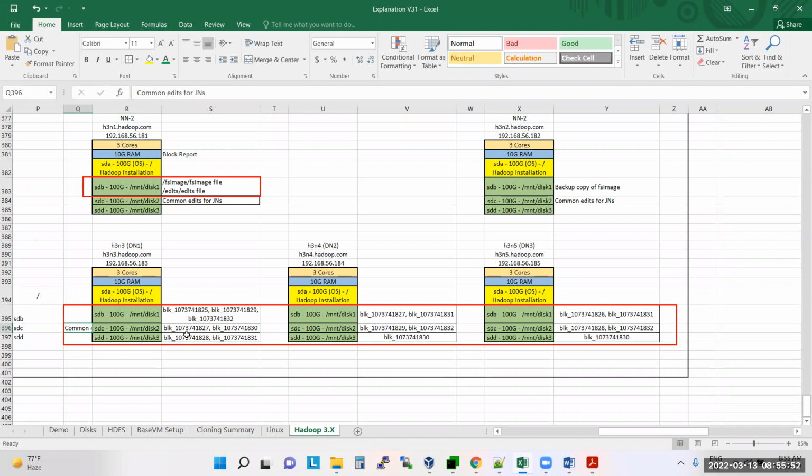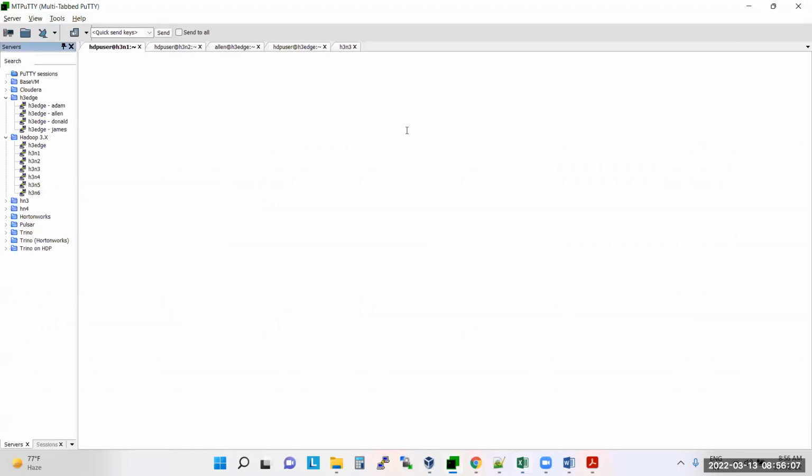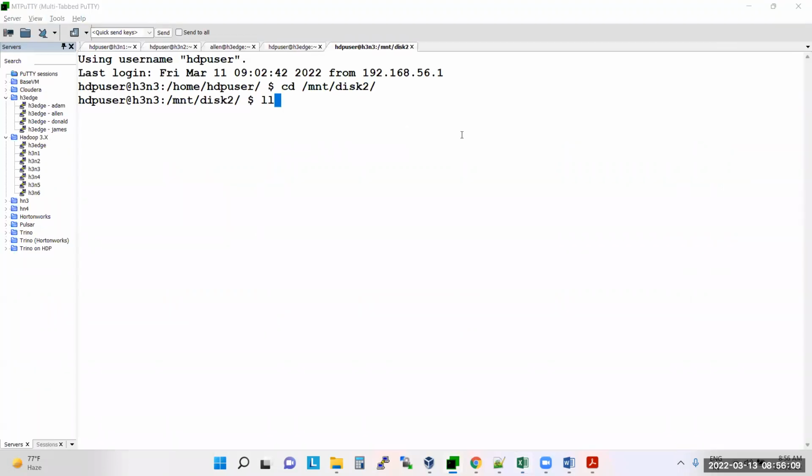Now imagine, sir, in this path we already have blocks, right? If you see the blocks location, I will log into S3 N3, cd /mnt/disk2. Here I have the data directory, and inside this one I have blocks. But here I'll create one more directory and put edits. Is it fine?